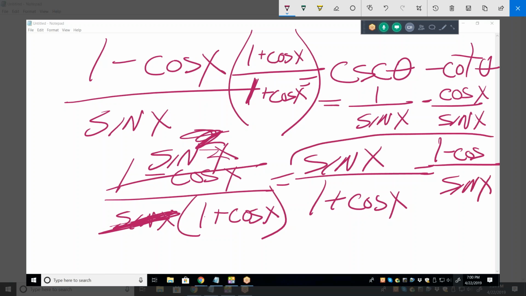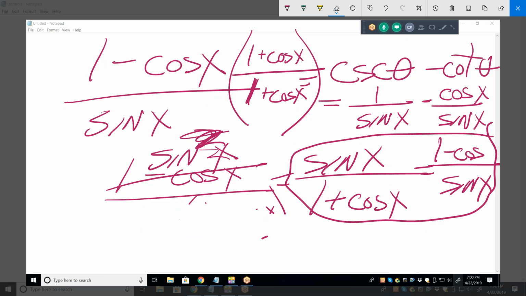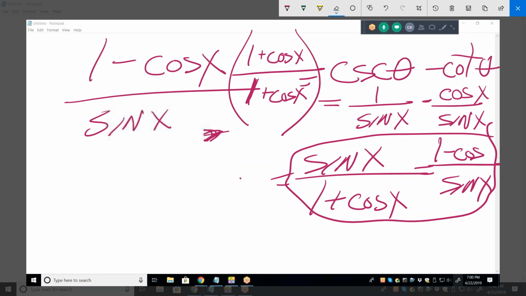Now, that might not look like an identity, but trust me, it is. We still have some work to do to get it into it, but it is. That's a common one that most people are puzzled as to why that's an identity, because it looks different.